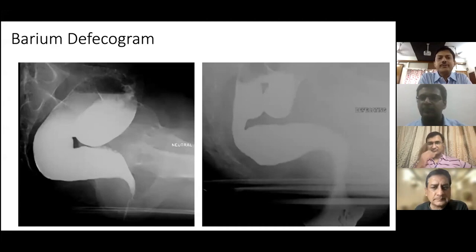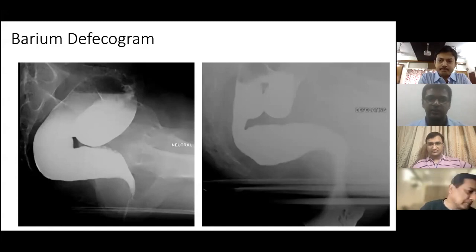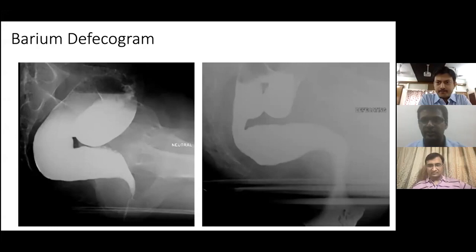Now that you have the barium defecogram result and the manometry, what's your conclusion? As these two are strongly suggestive of a dyssynergic defecation, my diagnosis would be dyssynergic defecation, and I would manage him accordingly, sir. Do you need any further tests, like a transit study, in this particular patient?